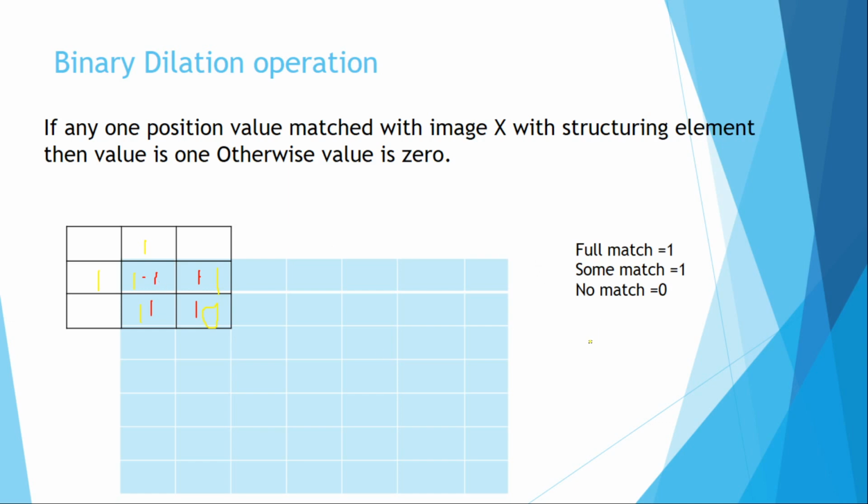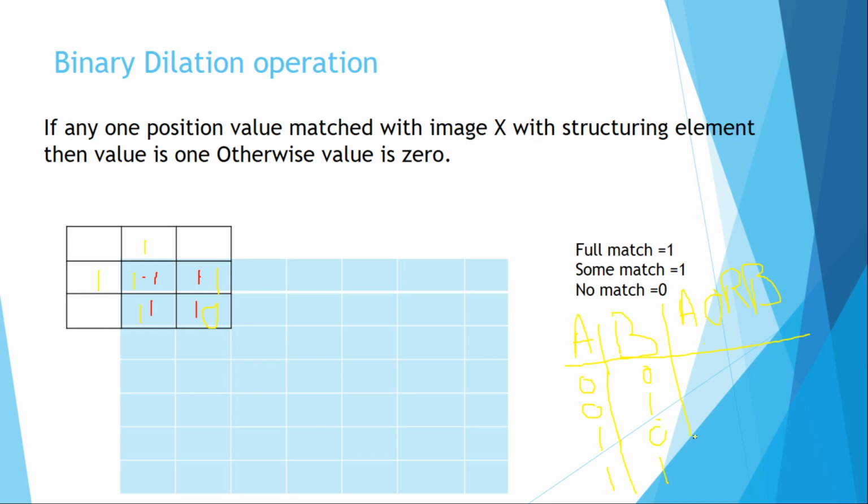If I want to write, I can write the truth table of it: A, B, and A OR B. There are 4 cases: 0 0, 0 1, 1 0 and 1 1.